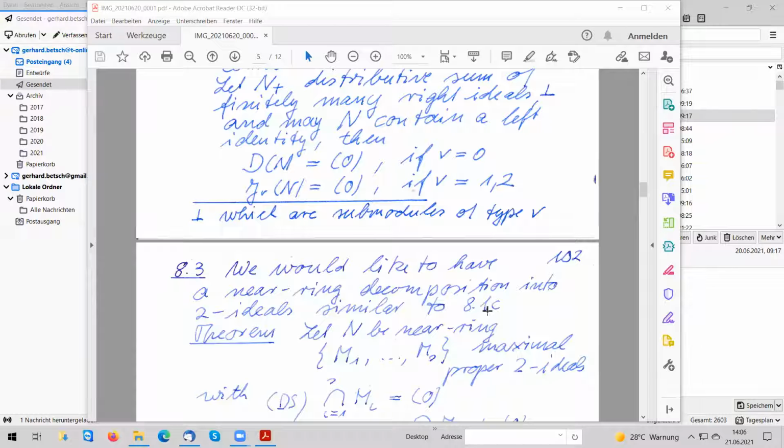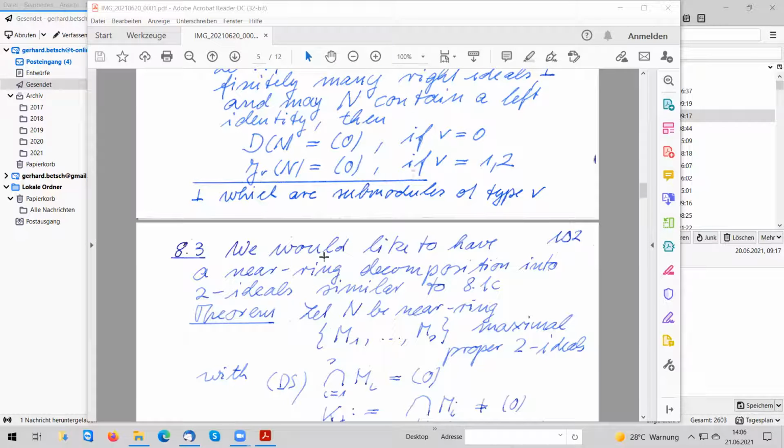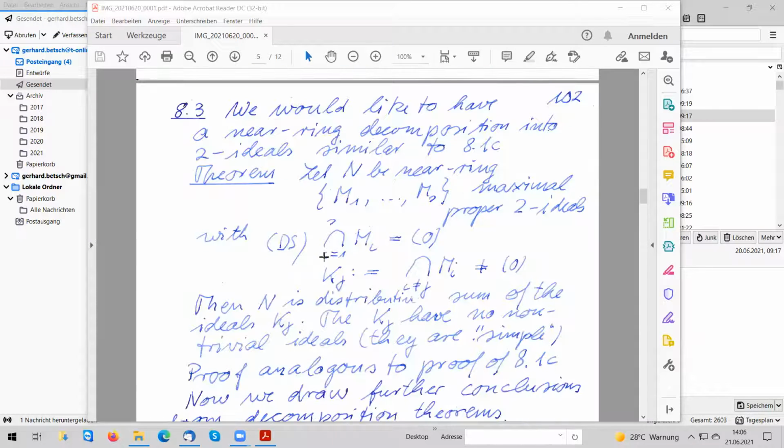Now, we would like to have a near-ring decomposition into two ideals similar to this theorem, to the decomposition given in theorem 8.1c. This theorem should be about the following.